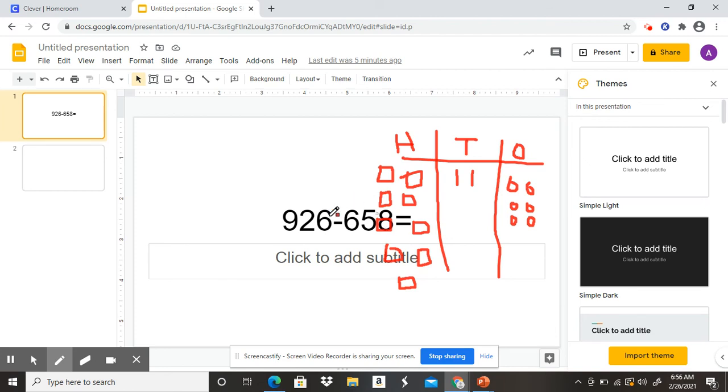I don't need to draw this next number because I'm taking that number away from this number, okay? So with 658 that I'm taking away, I'll start in the ones place. I have 8 in the ones place. I look at my ones place here. Do I have 8 ones to give? No, but I can go next door to the 10, take a 10 rod and bring it over here and bust it up. And when I bust that up, it adds 10 more.